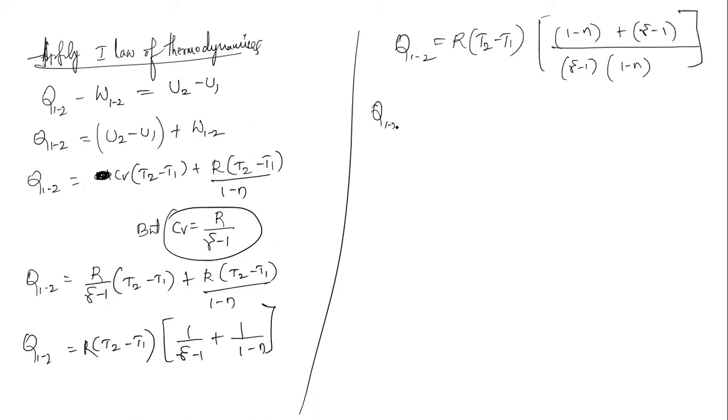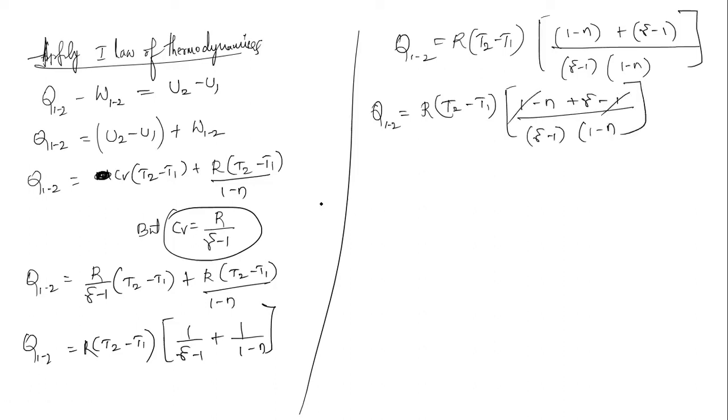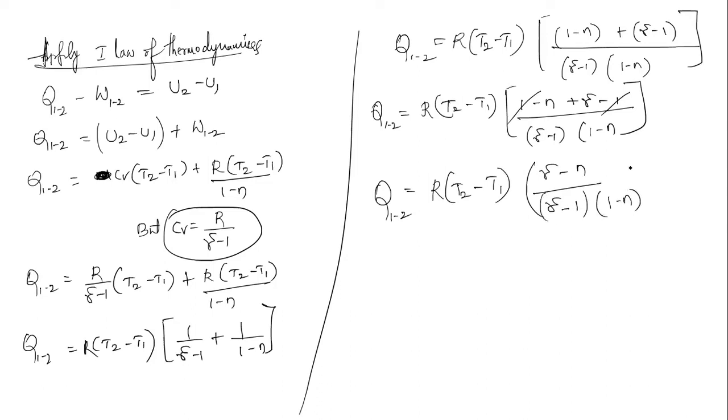Therefore, Q1 to 2 is equal to R (T2 minus T1) into (1 minus n plus gamma minus 1) divided by (gamma minus 1) into (1 minus n). So plus 1 minus 1 cancel. Therefore, Q1 to 2 is equal to R (T2 minus T1), and here you will get (gamma minus n) divided by (gamma minus 1) into (1 minus n).